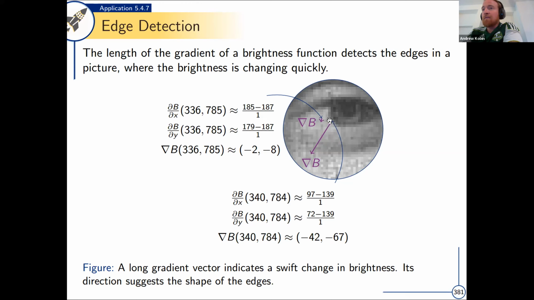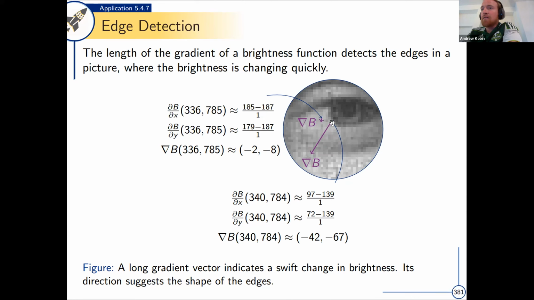And we've drawn the gradient vector at a couple different points here. For example, at the pixel 336, 785, which is a part of the sclera of the eye, it looks like, or the white of your eye, the gradient vector for brightness is -2, -8.